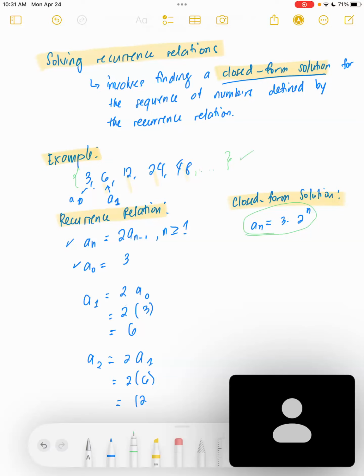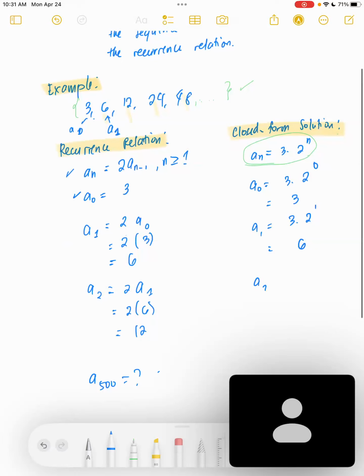So this geometric example can also be computed using this solution, which is a sub n equals 3 times 2 raised to n. So in this case, we have a sub 0: 3 times 2 raised to 0, that will give us a 3. A sub 1 will give us 3 times 2 raised to 1, that will give us a 6.